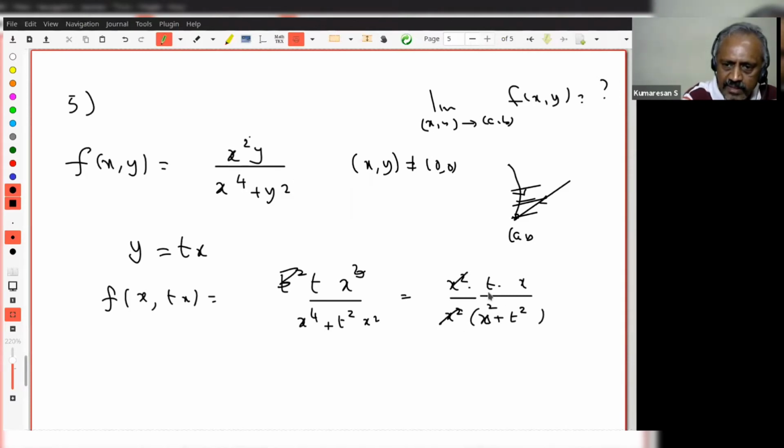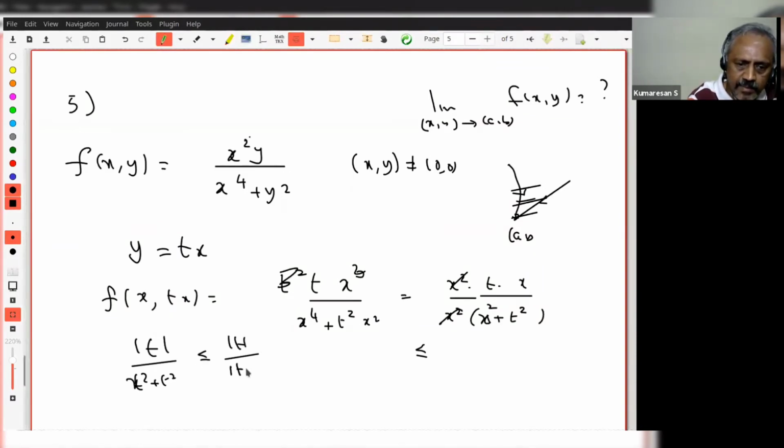Now notice that t by x squared plus t squared, that is less than or equal to 1. This I don't have to worry about. X squared plus t squared, this is modulus I have to put, and this is always positive. This is less than or equal to mod t by mod t squared, that is less than or equal to 1 by mod t. This is a constant.